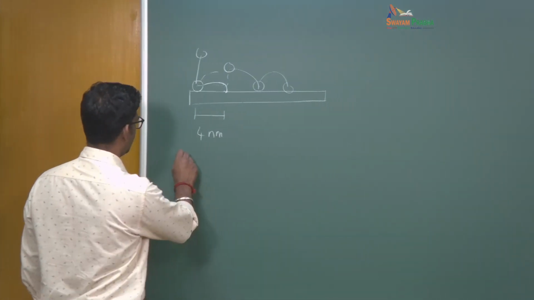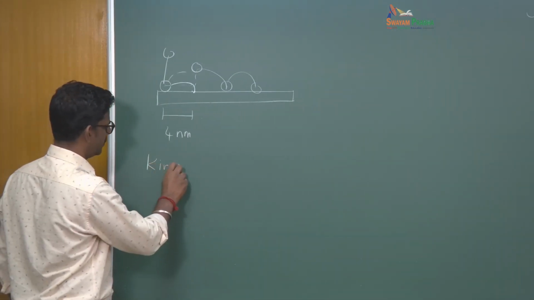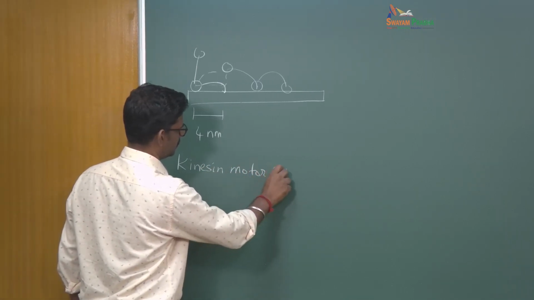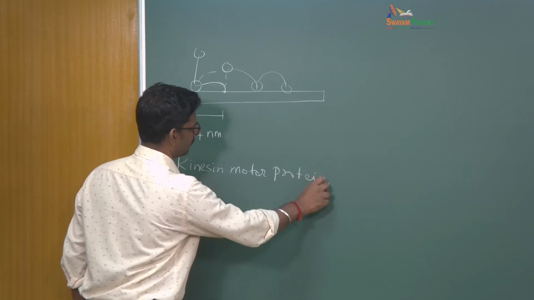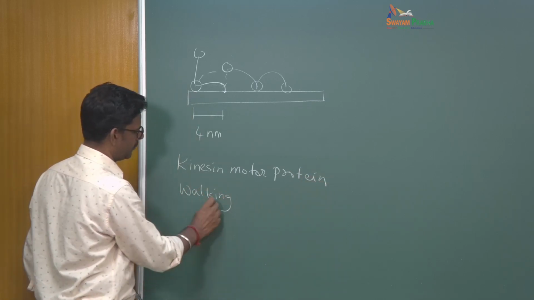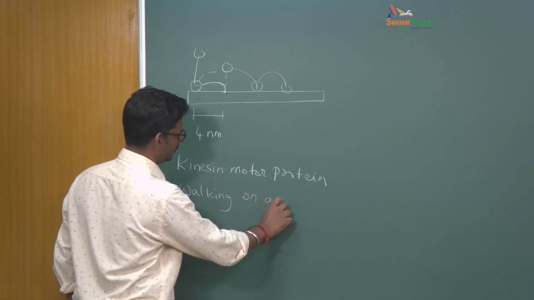So this is a kinesin motor protein walking on a microtubule.